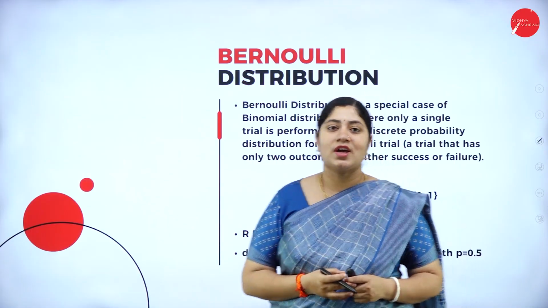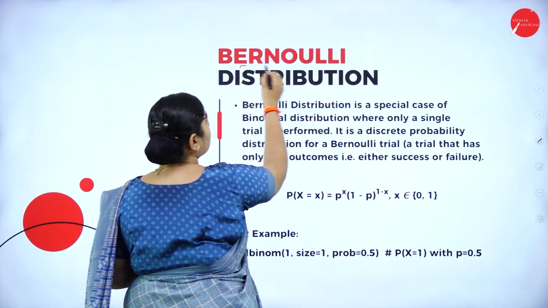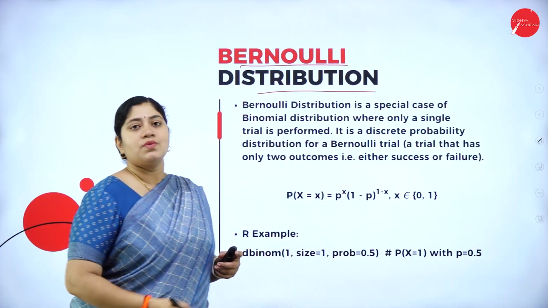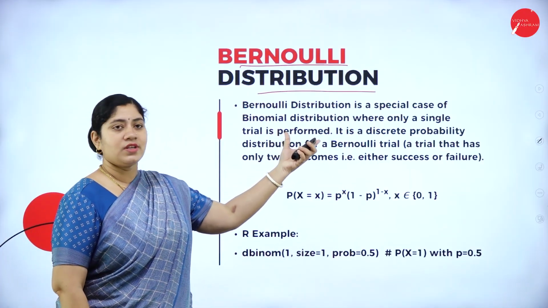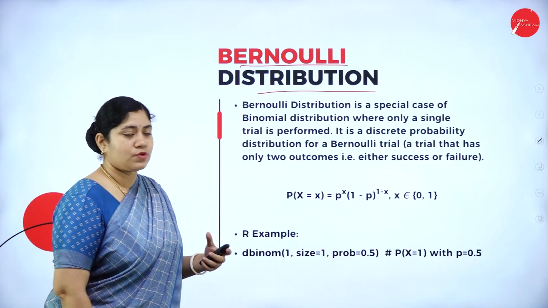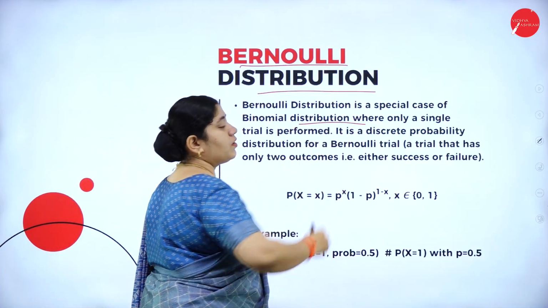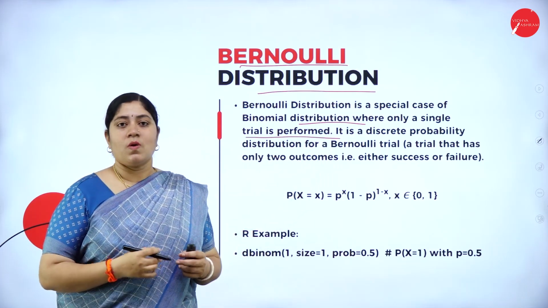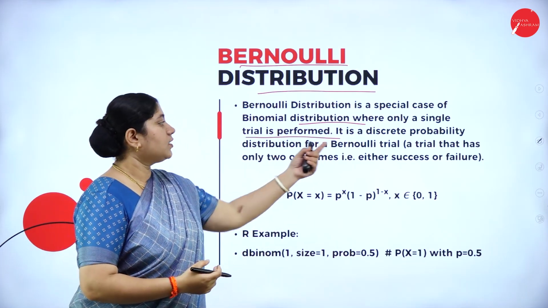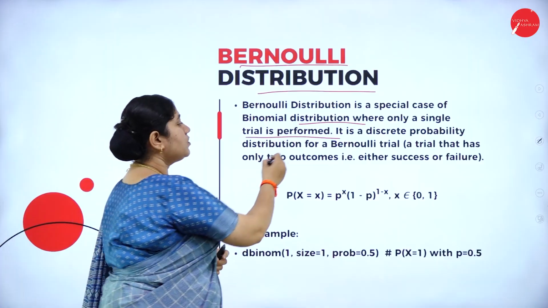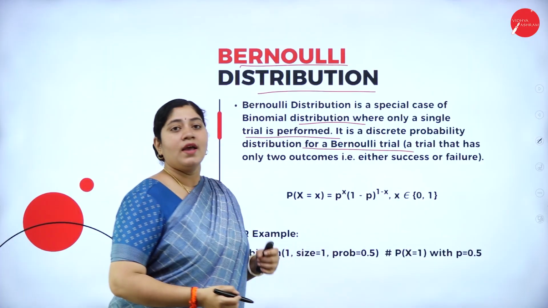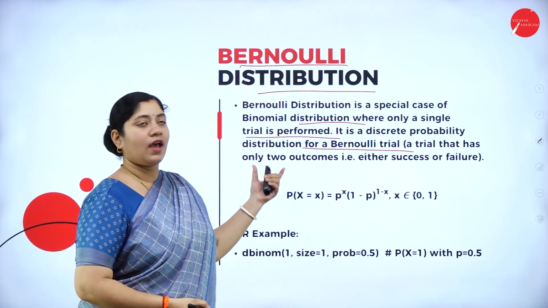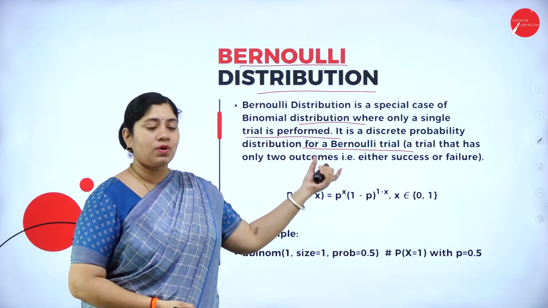So over here, starting with our Bernoulli distribution. We can say this is a special case of binomial distribution, okay, where only a single trial is performed. Also we can say the discrete probability distribution for a Bernoulli trial has one trial and it will be provided with two outcomes.